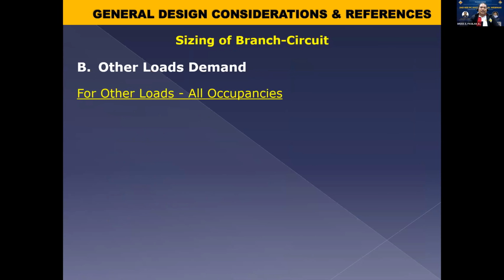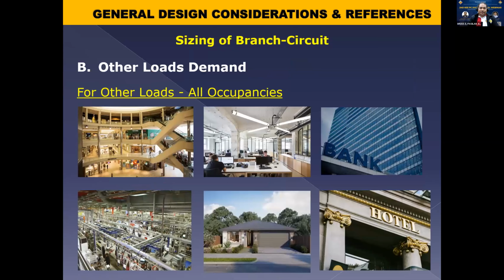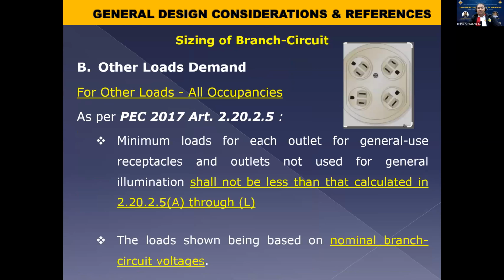So for other load demand like banks, all other occupancies. Okay. Ito yung provision. So other loads demand, other occupancies. So for outlets, for other load demands, for each outlet for general use receptacles or GPRs, or not used for general illumination, should be not less than that calculated in articles 2.20.5 through L. So meron tayong mga conditions niyan.